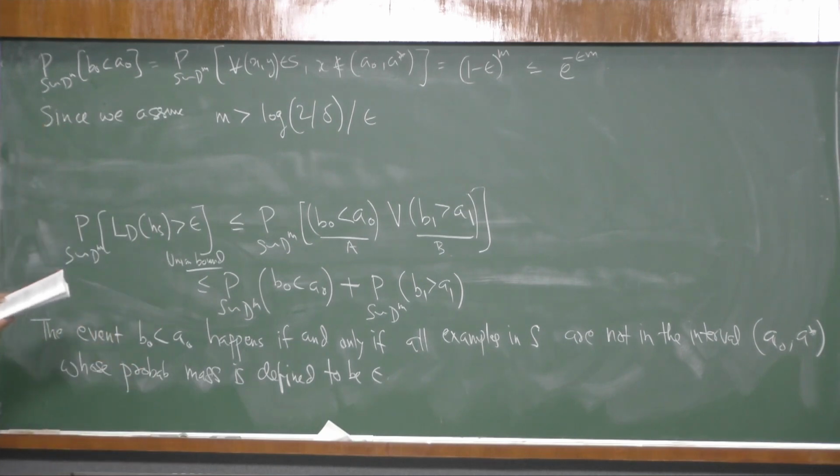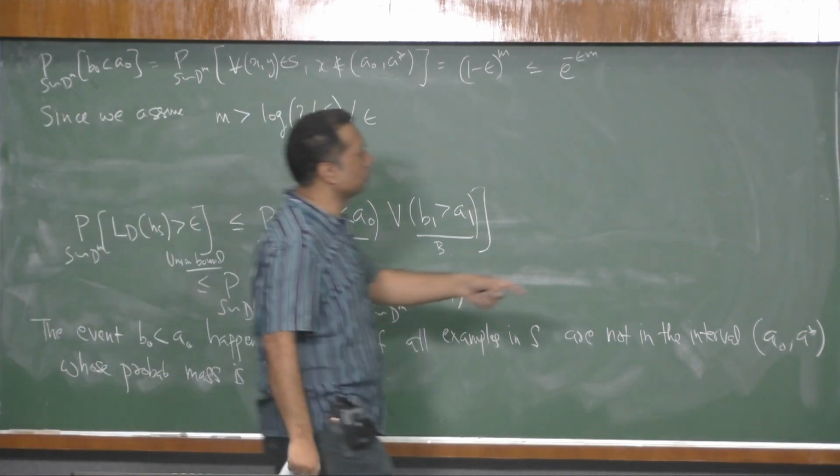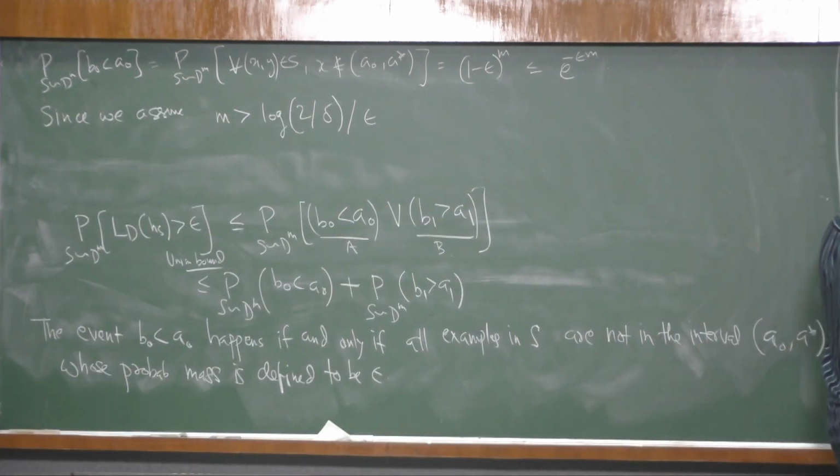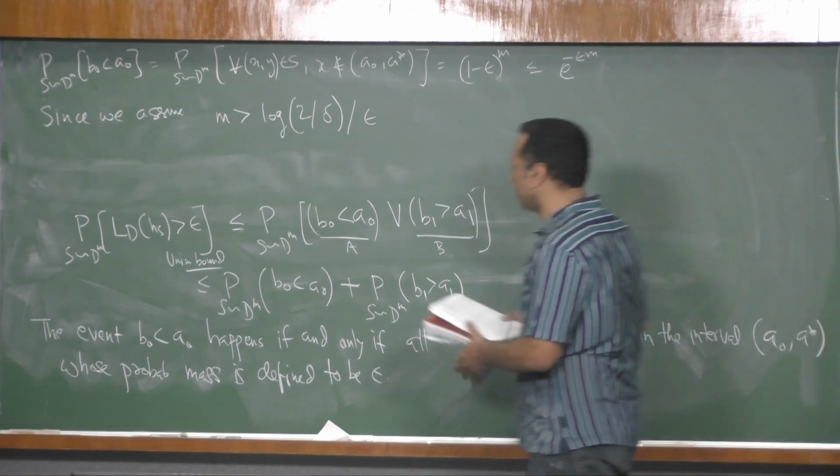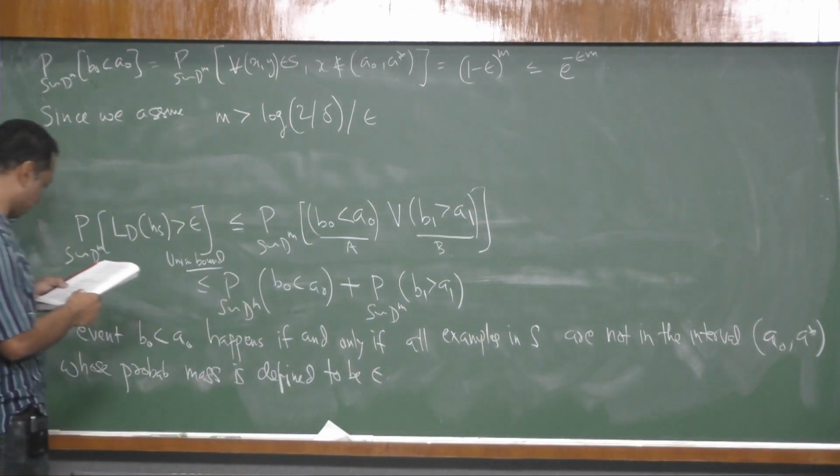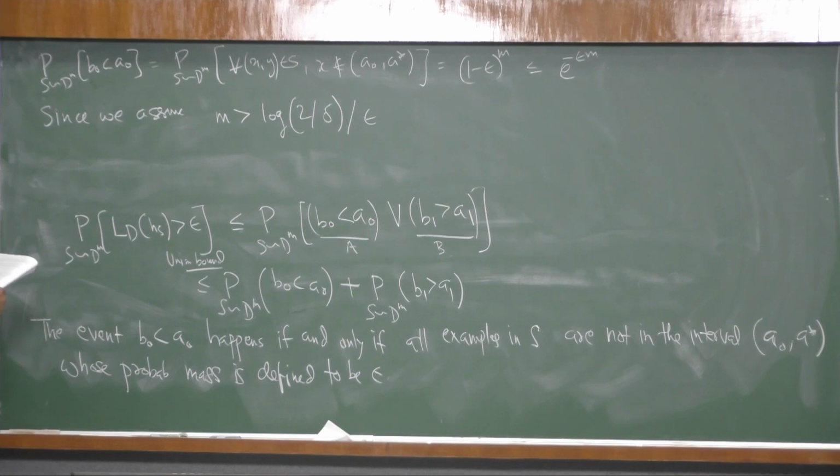What we assumed in the lemma is this, right? M is less than, so I'm a bit lost as to when did we assume this. It says since we assume m greater than log 2 by delta, but there I see m less than floor of log 2 by delta by epsilon.